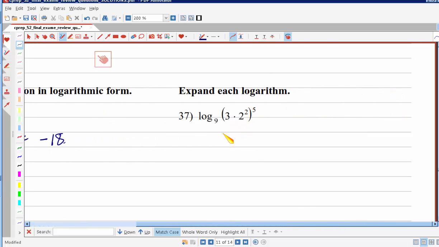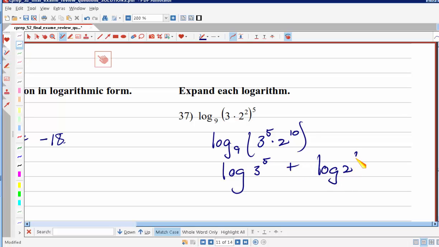Okay, expand. Alright, so if I do log base 9, 3 to the 5th, 2 to the 10th, multiplication becomes addition when you expand a logarithm. And then lastly, the exponent comes out and becomes a multiplier.